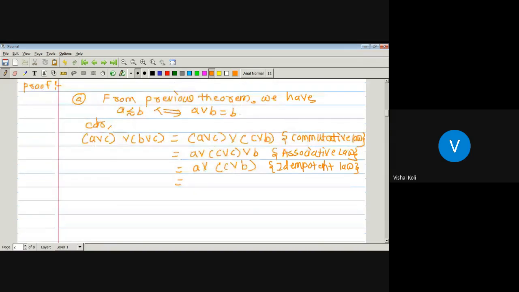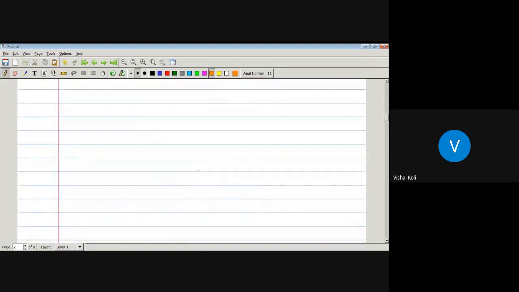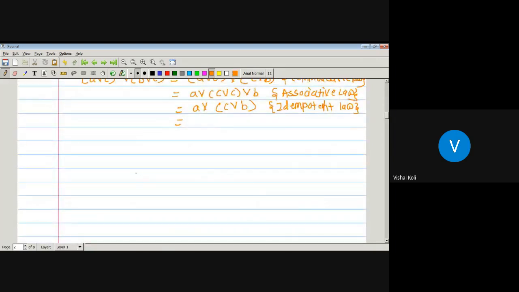Now again we have to use the commutative property on C join B. A join B join C, which is from commutative. But as L is a lattice, A join B join C can be written as A join (B join C), which is from the associative law. We have to just write it in a proper way.